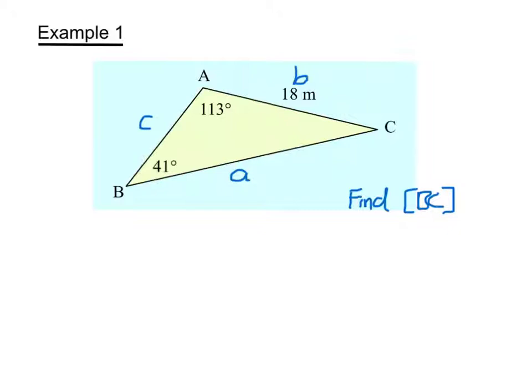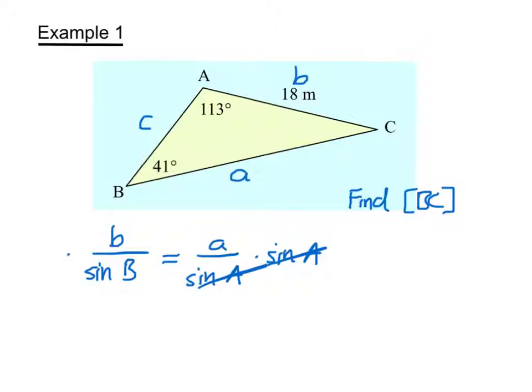Well, I'm relating angle A and side a and angle B and side b, so therefore I can use the sine rule. And in this case, I'm going to set it up as follows: b over sine of angle B equals side a over the sine of angle A. Now in this case, I want to solve for side a, so I'm going to multiply both sides of the equation by sine A. And now I have a equals sine A over sine B times side b.